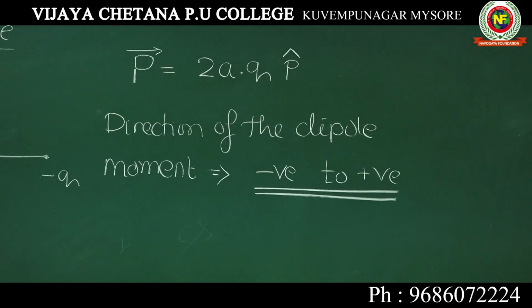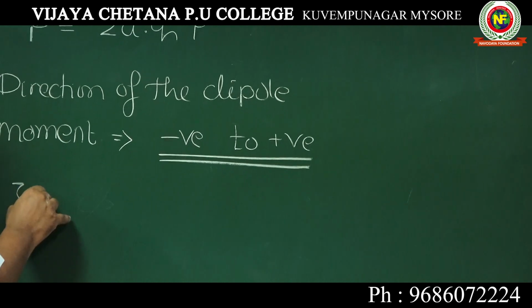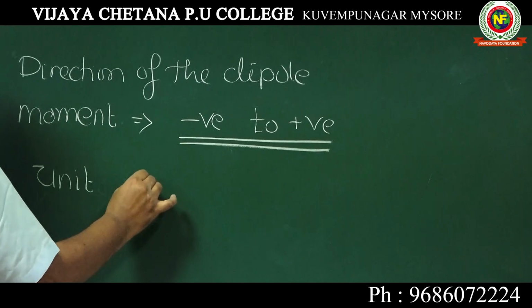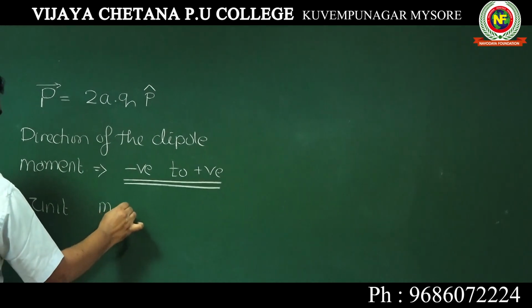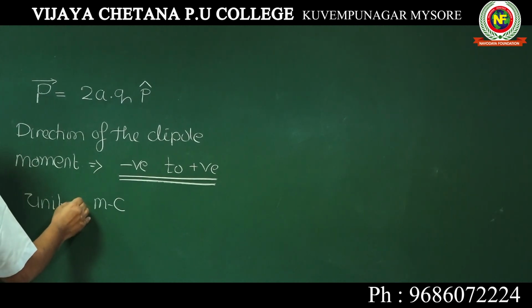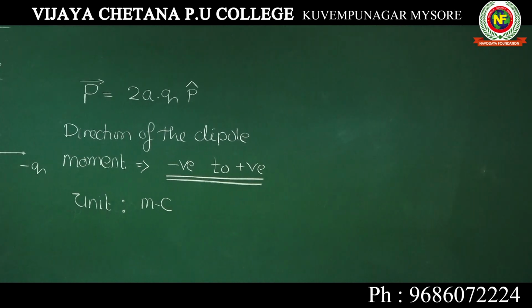Okay, dipole moment is a vector quantity. Let us now check for the unit of this. Unit of dipole moment. 2a is length, to be measured in meters. q is charge, to be measured in coulomb. So meter coulomb is the unit of dipole moment. Meter coulomb.